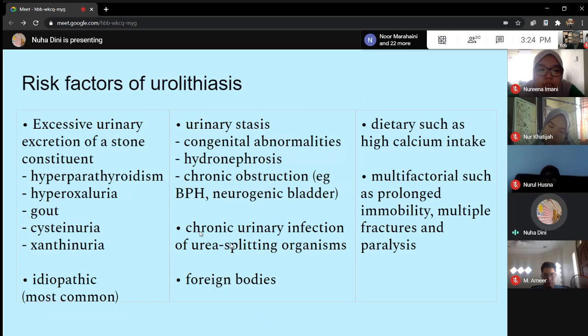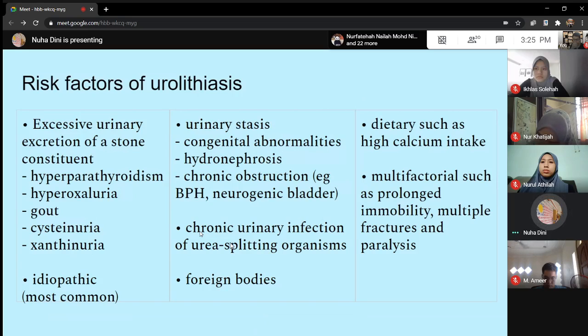This occurs in certain diseases or conditions such as hyperparathyroidism, in which there is increased calcium excretion; hyperoxaluria, a condition that occurs in inherited disorders, which leads to increased excretion of oxalate; gout, or post-chemotherapy of blood malignancy, which leads to increased excretion of uric acid; cystinuria, a condition that also occurs in an inherited disorder, which leads to increased excretion of cystine; and also xanthinuria, also an inherited disorder.